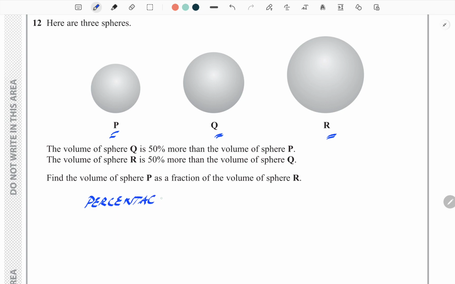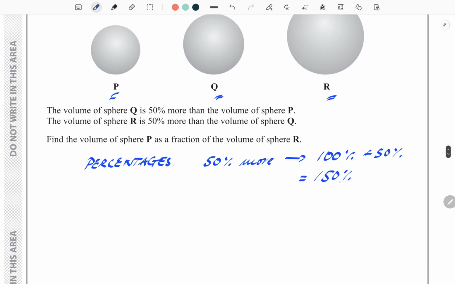Percentages. If I have 50% more, that means I've got my original 100% plus another 50%. So that is a total of 150%. And 150% as a decimal is 1.5.